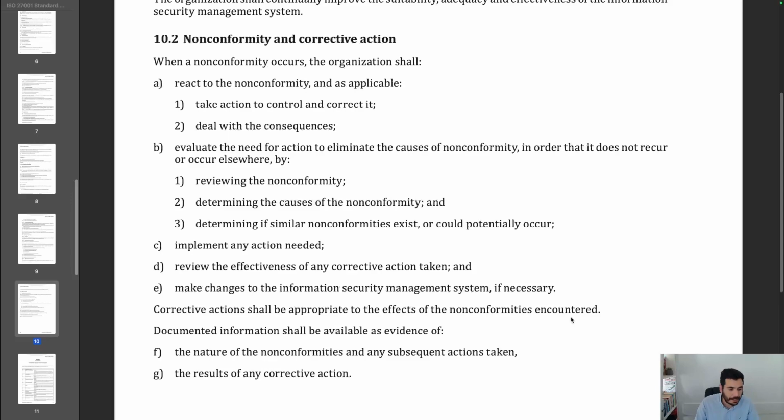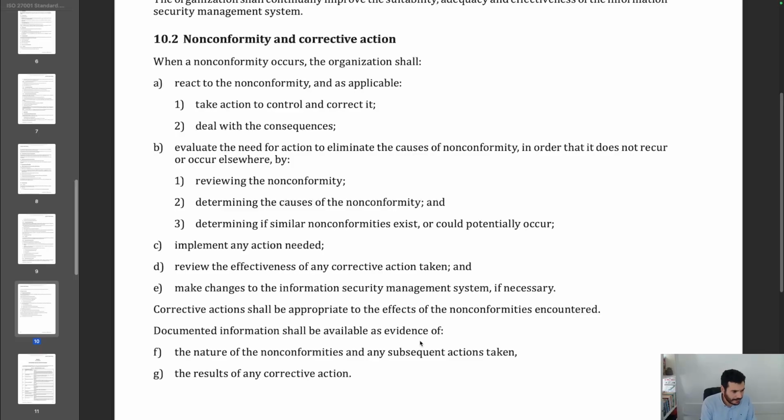So it can be a myriad of different things, all aimed at ensuring that there is the confidentiality, integrity, and availability of information, and that our organization is sufficiently protected from all types of vulnerabilities.